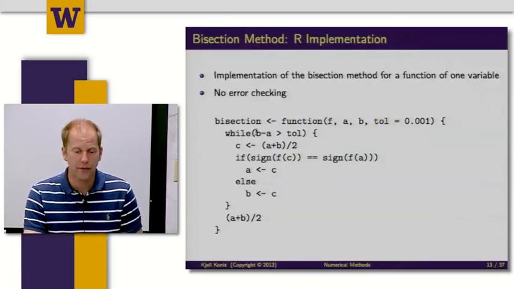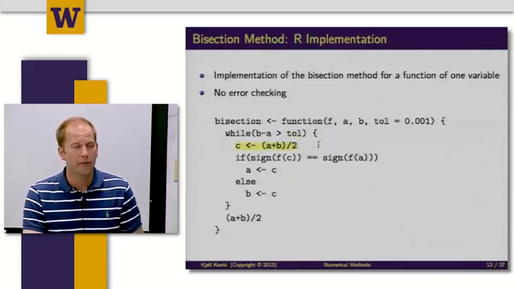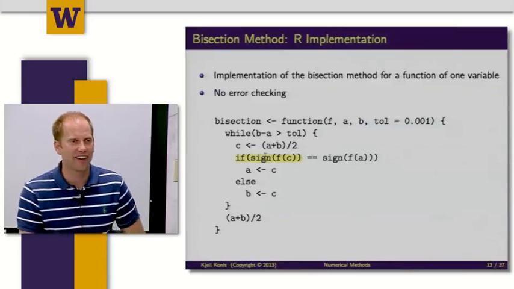And so it's pretty simple. It's just while this interval is wider than the tolerance, so this is before my stopping condition has occurred, I compute the midpoint of the interval and I store it as c. R has a sign function, which is handy, but be careful: I'm not talking about sine, I'm talking about sign.